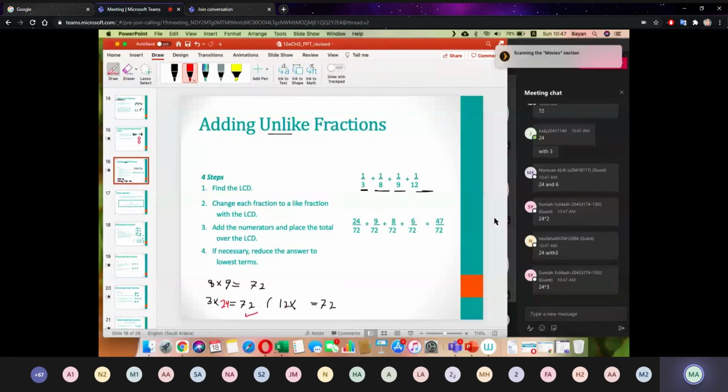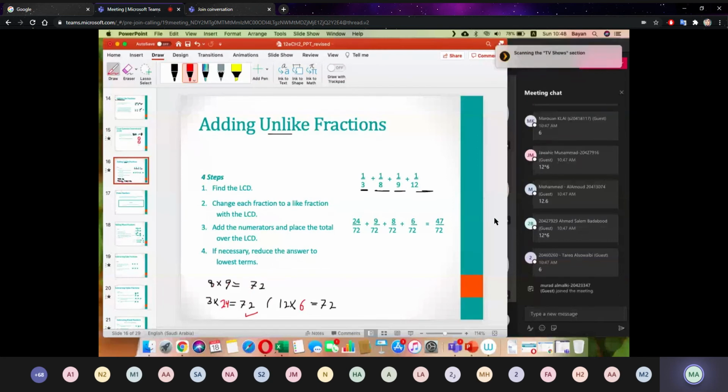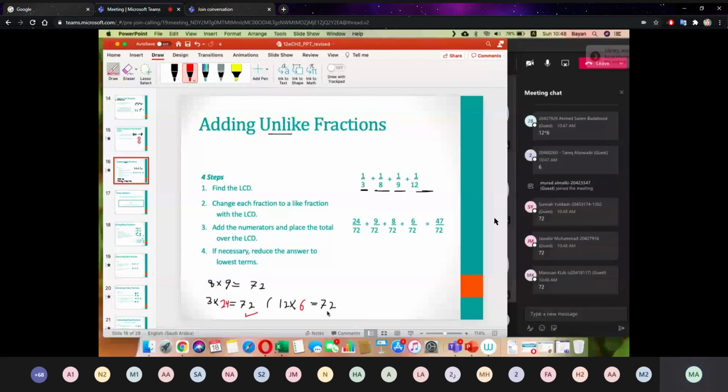Any value multiplied by 12 to give you 72? Yes, number 6. So 3 times 24 will give you 72. 8 times 9 will give you 72. 12 times 6 will give you 72. Now, what is the least common denominator here? It's 72, right?